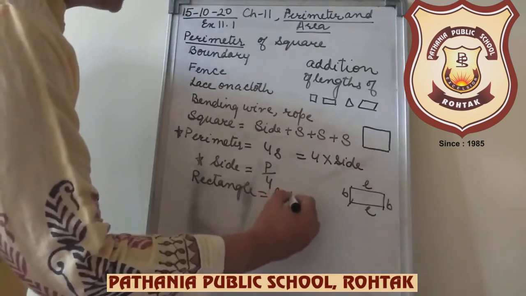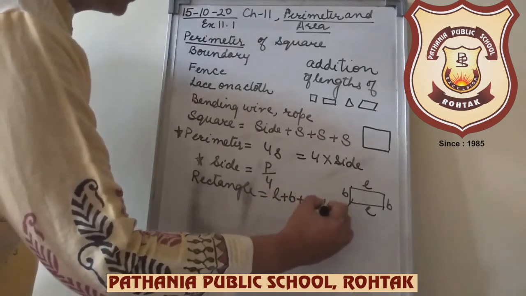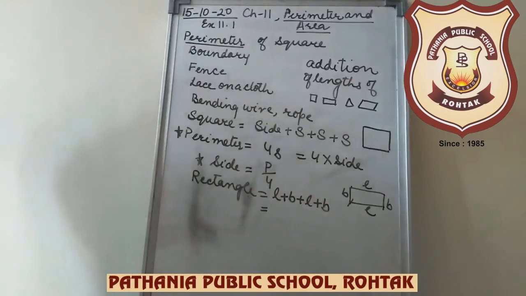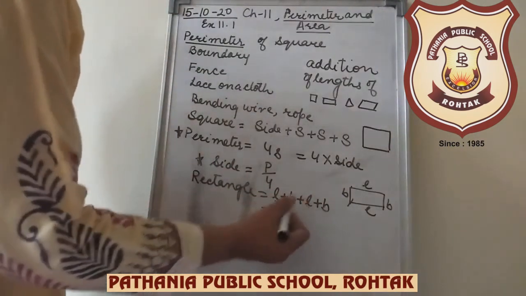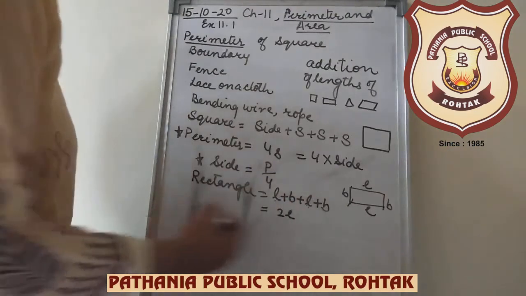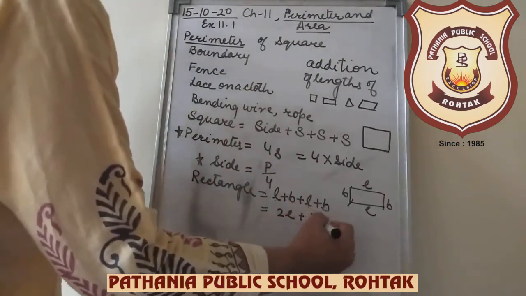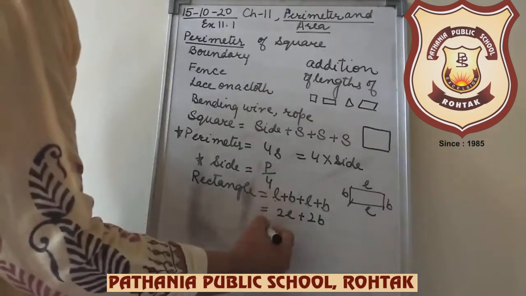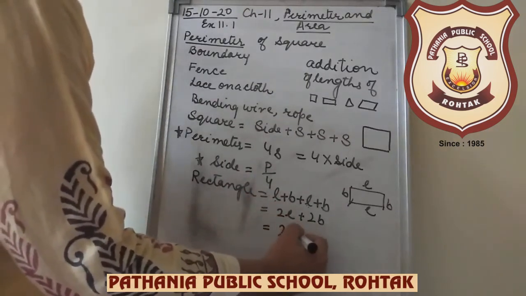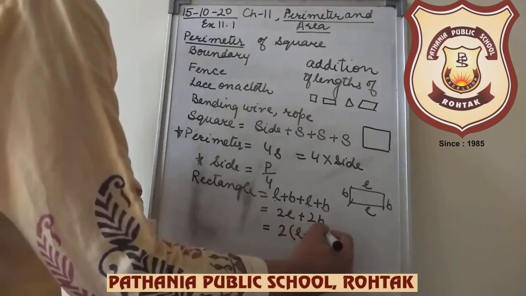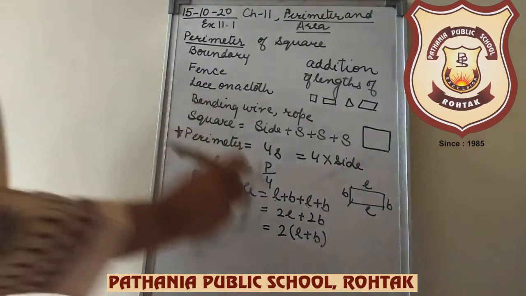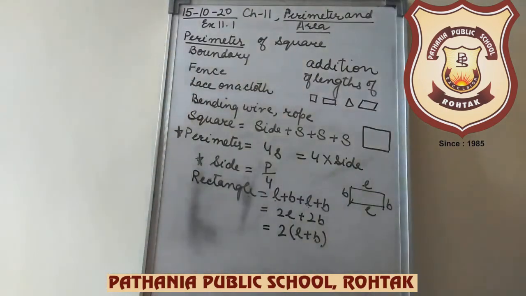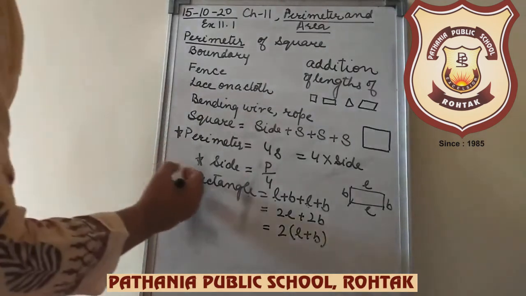So L plus B plus L plus B. Now as we have done our algebra, two variables are like, so two lengths and two breadth. So I'll take out 2 common. What is left? L plus B, that is the addition of length and breadth multiplied by 2, or 2 times the sum of length and breadth. So this is perimeter of rectangle.